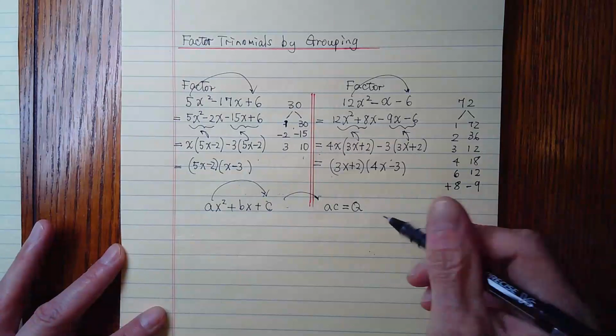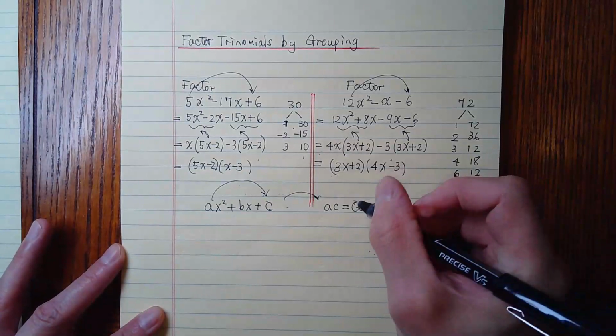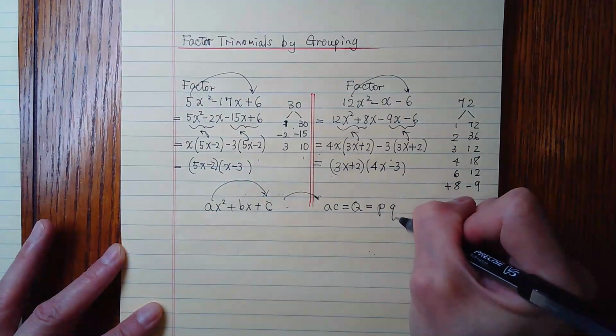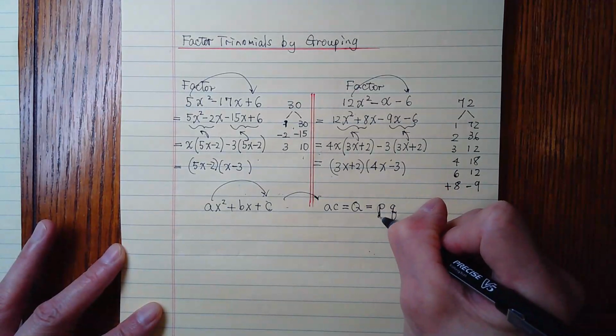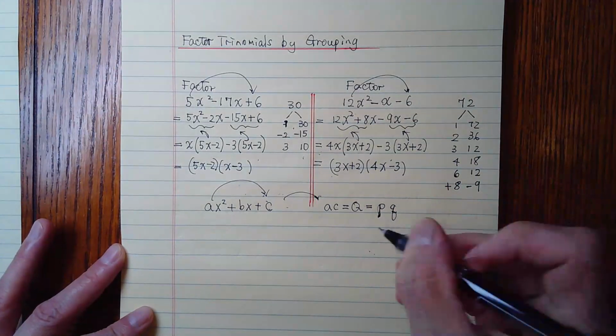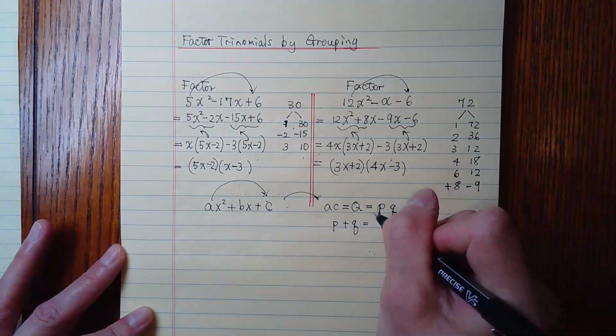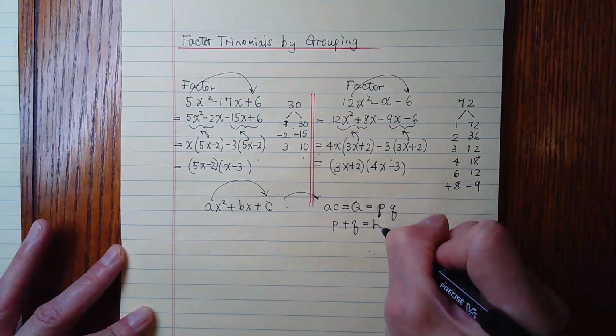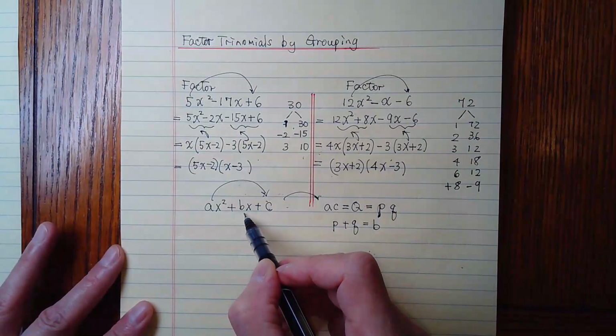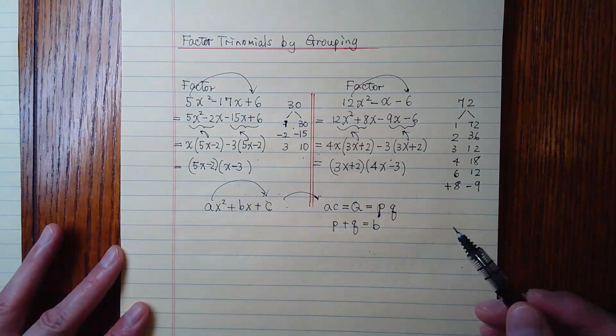A times c, let's say, equals q, and we're going to break down q into two factors, p times q, in such a way that p plus q, the sum of these two numbers, will give you the coefficient for x. P plus q equals b.